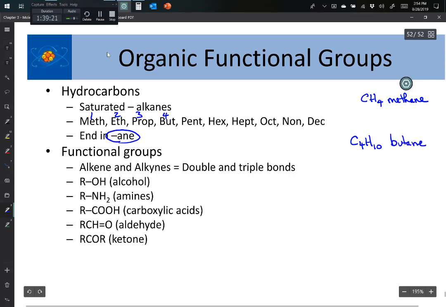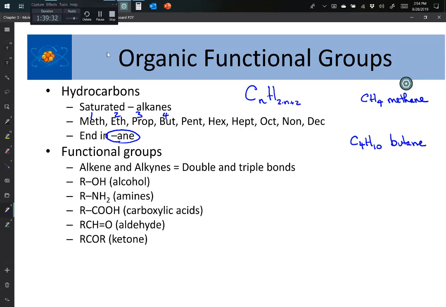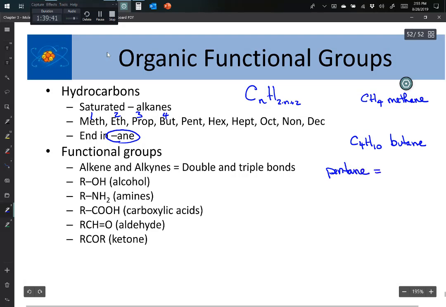All the alkanes follow this general formula: CnH2n+2. So let's say it's pentane. Pentane means 5 carbons, right?